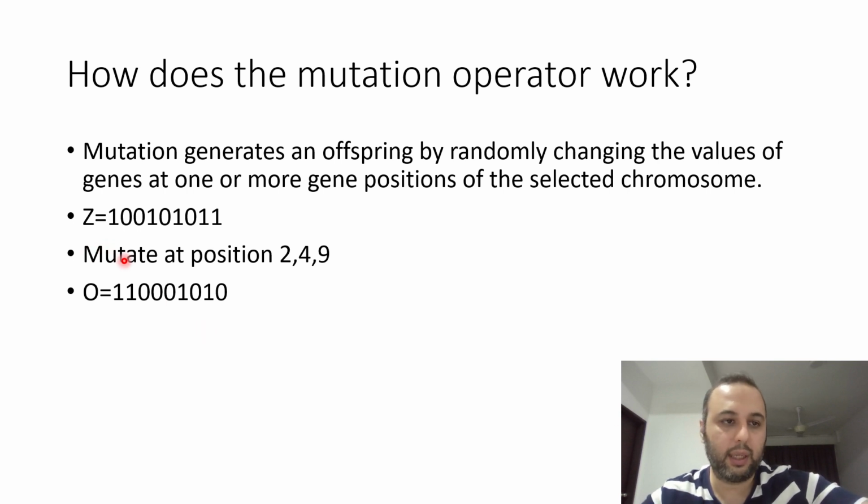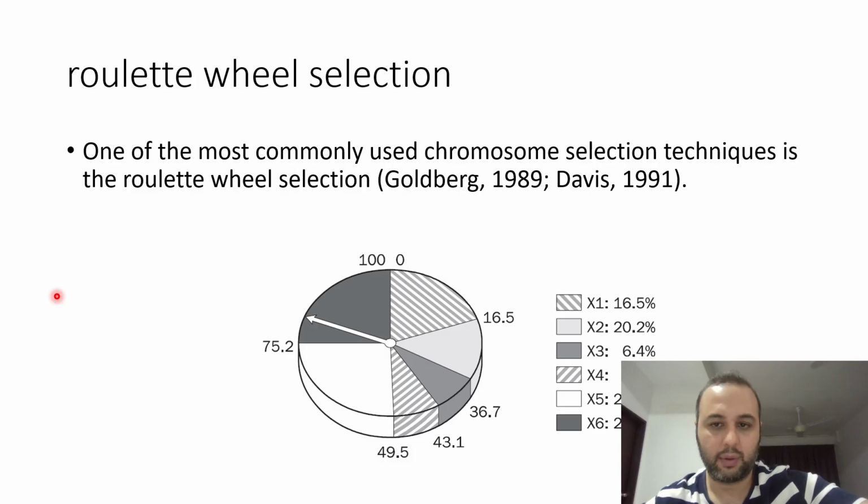For instance, in here, mutation happens in digit number 2, 0 changes to 1, digit number 4, 1 changes to 0, then gene number 1 changes from 1 to 0. This is how the mutation works.